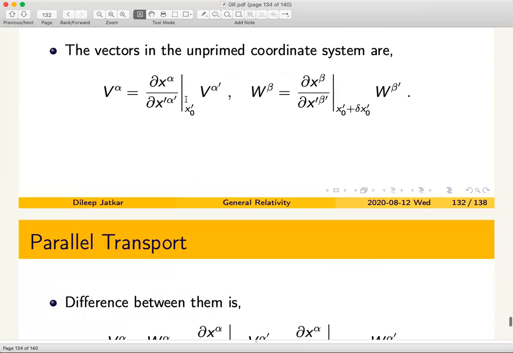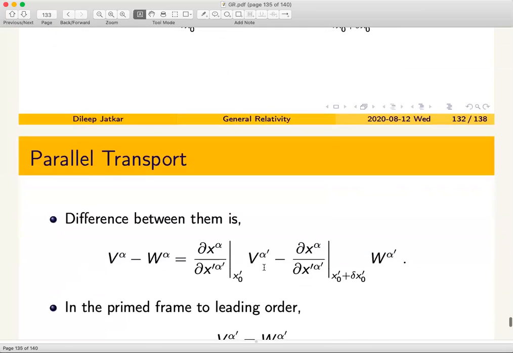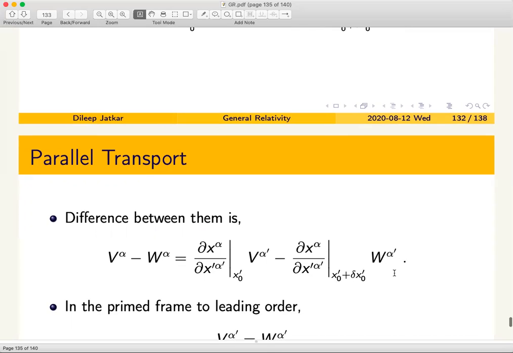So v alpha minus w alpha is equal to this expression minus this expression on the right hand side. That is del x alpha by del x prime alpha prime evaluated at x naught prime times v alpha prime, minus the same quantity evaluated at x naught prime plus delta x naught prime, because that is the place where w alpha was defined, times w alpha prime.